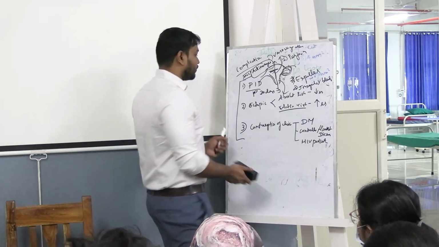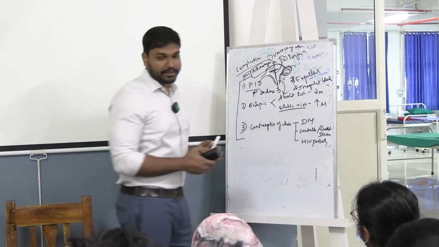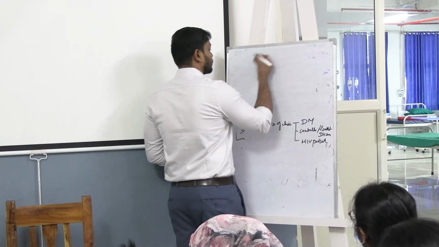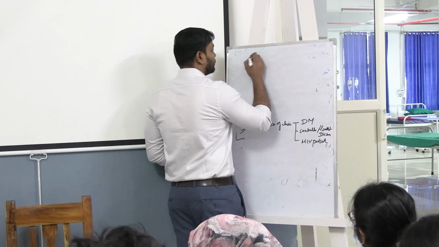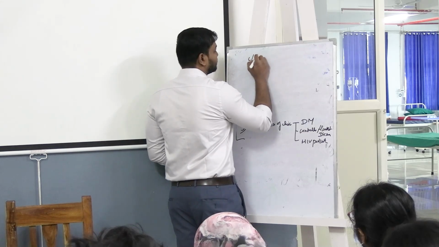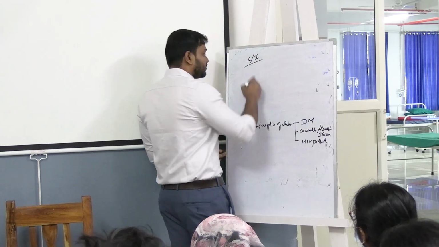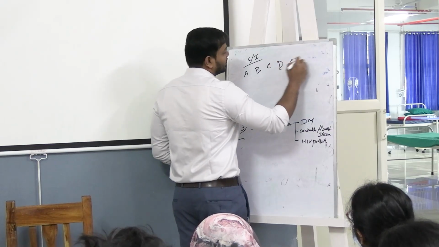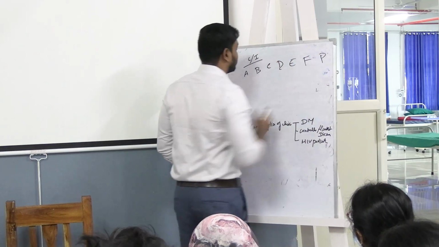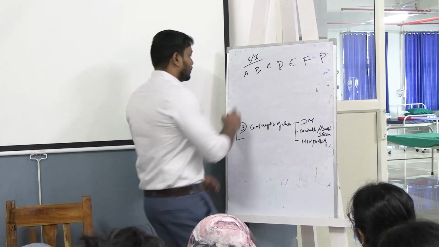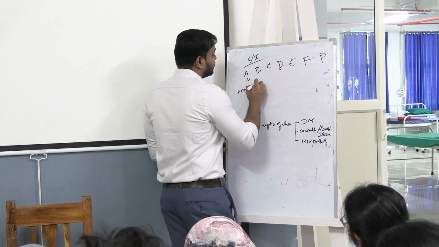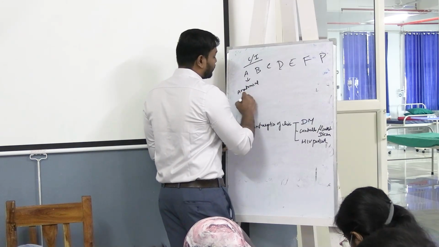Then when we should not use a copper T? Contraindication. Contraindication, you remember A, B, C, D, E, F, P. Okay, A for if there is any anatomical distortion, anatomical abnormality.